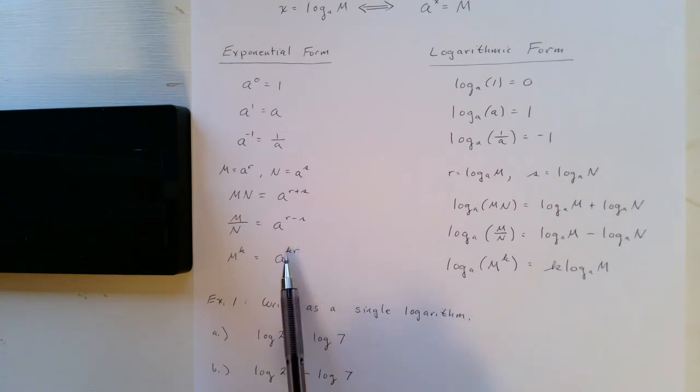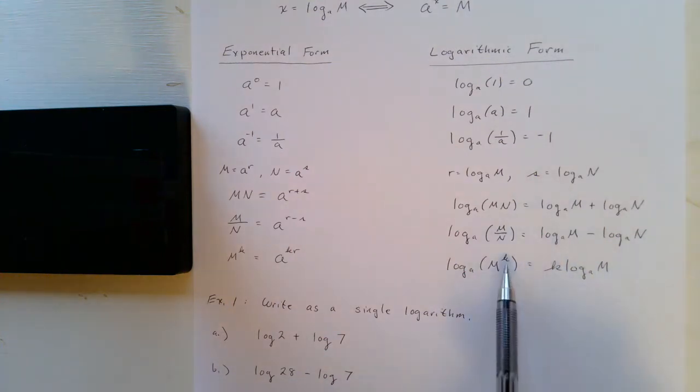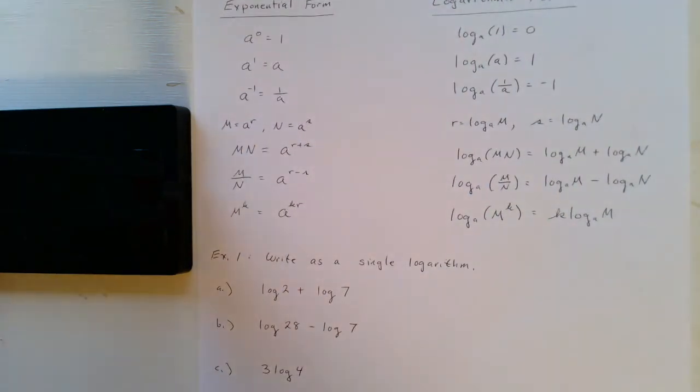So we have kr is the log of m to the k, but kr is just k times the log of m. That's why you can pull this k out in front. I just want to use these properties to do the following examples.